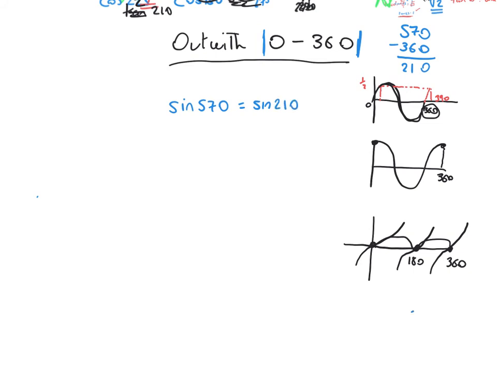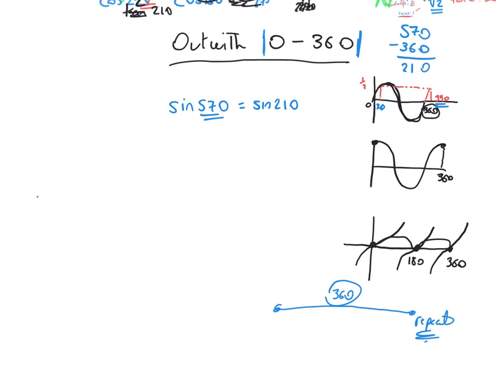If I move 360 degrees back, it will have the same value as sine 210, because after that period of 360 degrees, the thing starts to repeat. Which means it holds the same value at that point. So sine 390 is the same as sine 30. Sine 570, take 360 off, has the same value as sine 210. They would be at the same point.